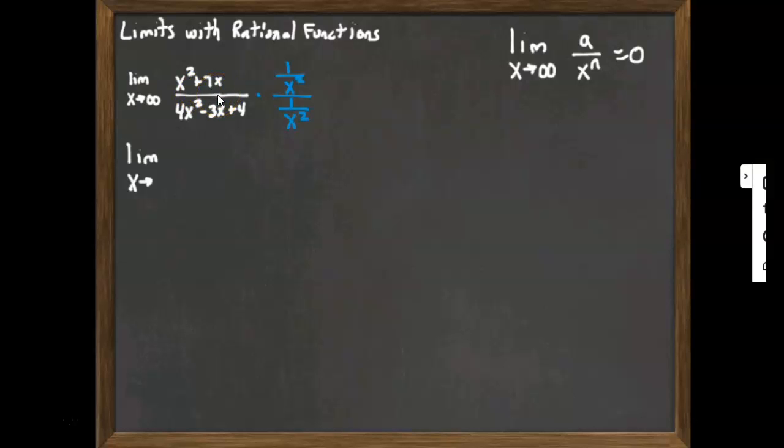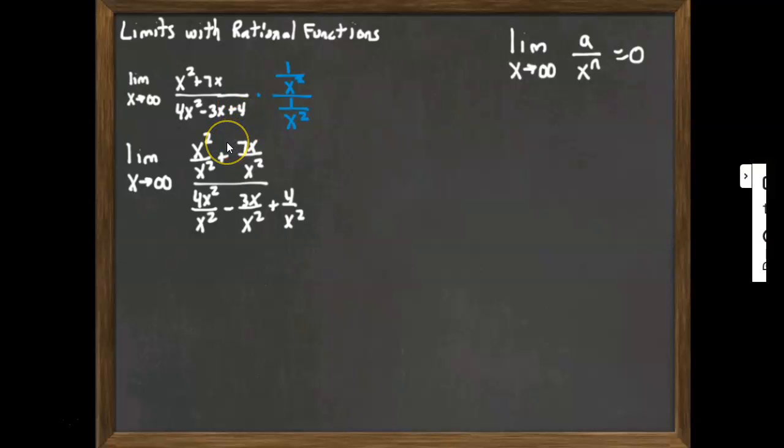And so we go ahead and do that, writing out all the detail here. I would get x squared over x squared plus 7x over x squared in the top. And then in the bottom, I'd have 4x squared over x squared minus 3x over x squared plus 4 over x squared. And then I just want to go through and simplify.